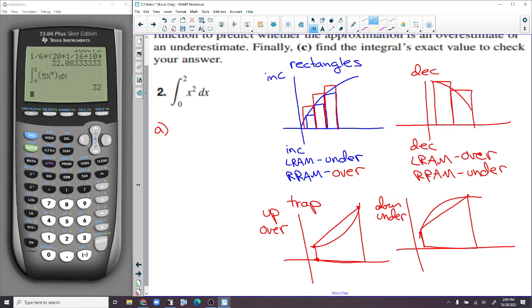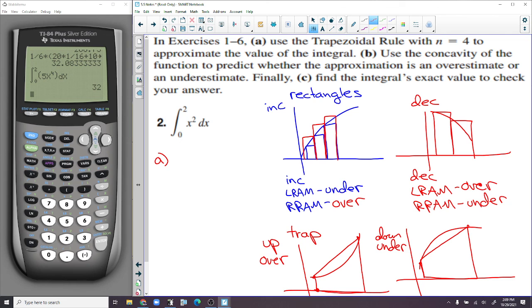So 0 to 2, and they're asking for 4 subintervals.